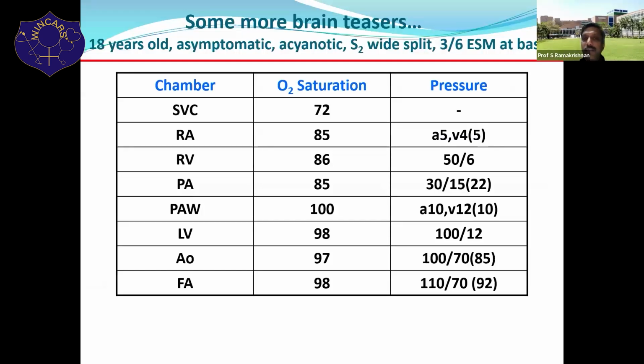18-year-old, asymptomatic, acyanotic, S2 widely split, ESM at base. Diagnosis: atrial septal defect. So what is it?